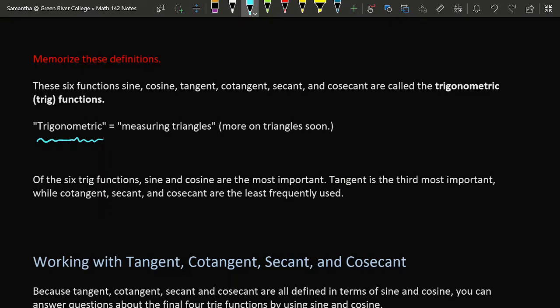Now the most important of these functions are certainly sine and cosine, which are the parents of the other ones. The next most important is tangent, that comes up more frequently than the remaining 3 functions, which I would say cotangent, secant, and cosecant are not really used that often at all.